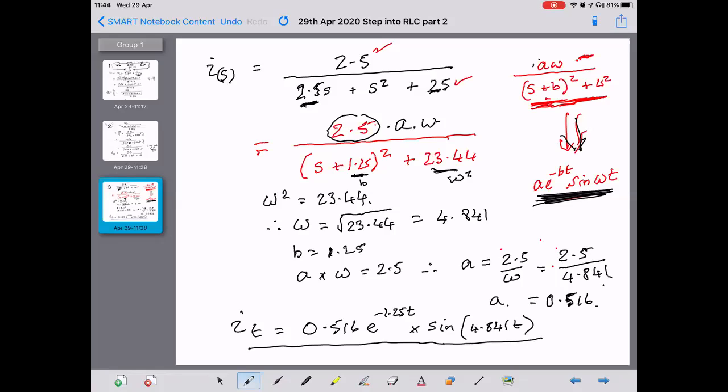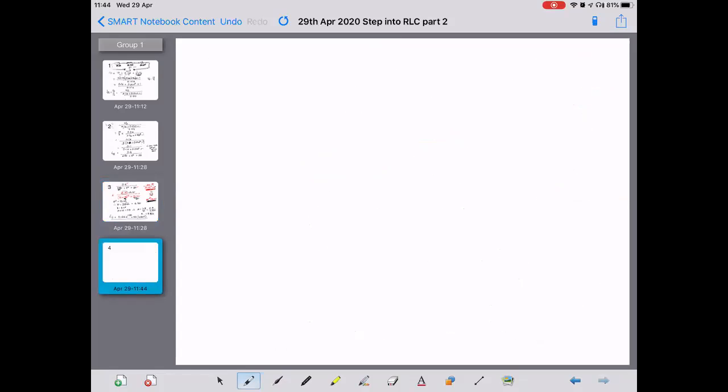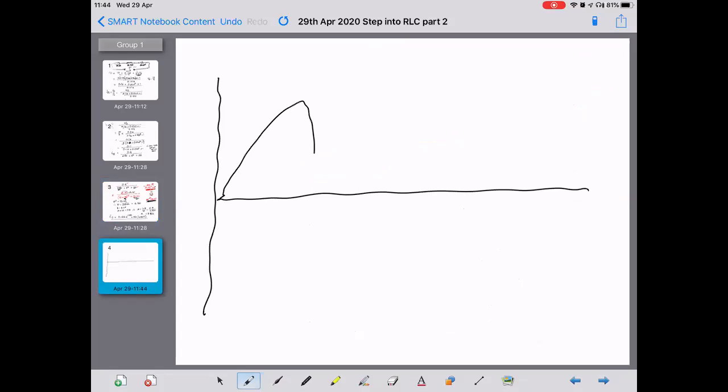And the type of graph, when you now start having a look at the problem I've given you, the first one in the handout, I'll get this up on Desmos so you can see it. But if you graph that, you'll get a damped sine wave that goes like so.